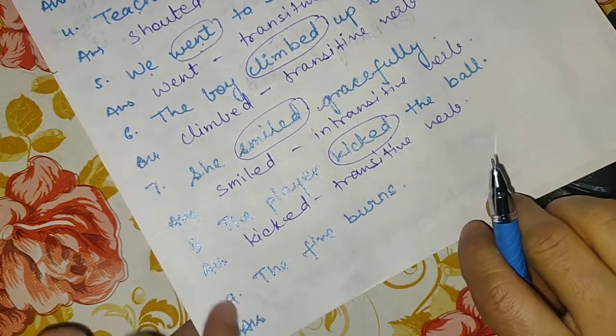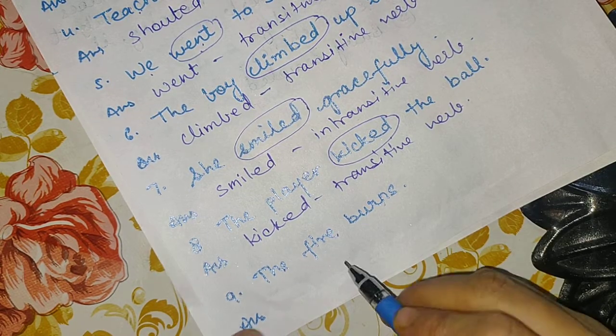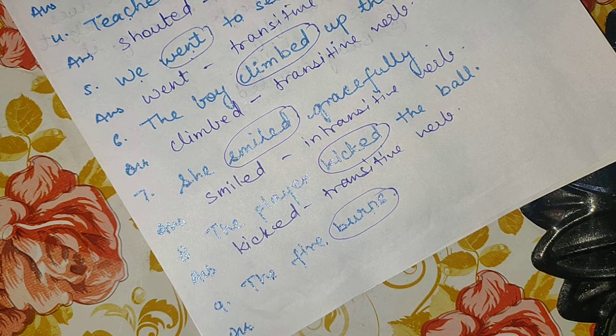Alright, next is: the fire burns. Again here burns is your verb. Now do we need to add anything to it to complete its sense? If I just say the fire burns, it is understood that fire burns, it is giving the complete meaning.